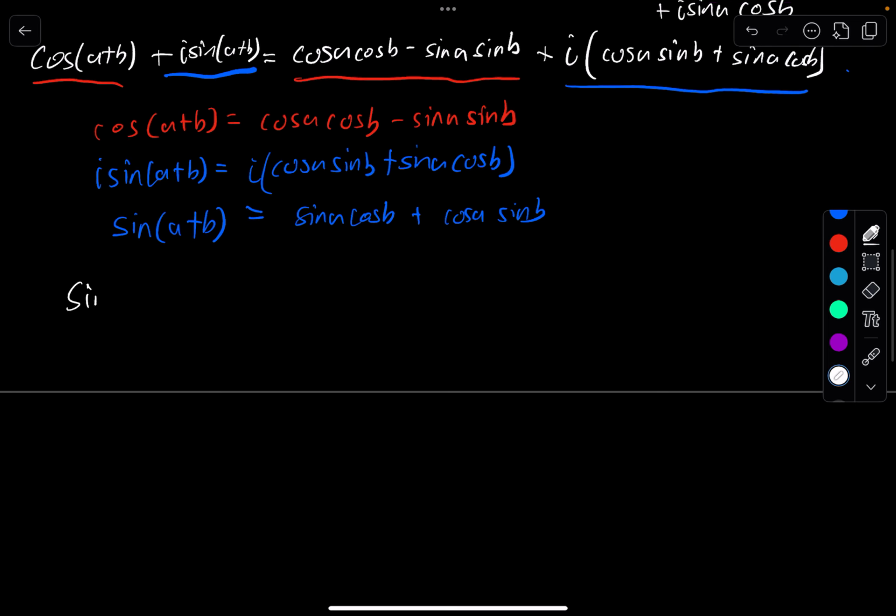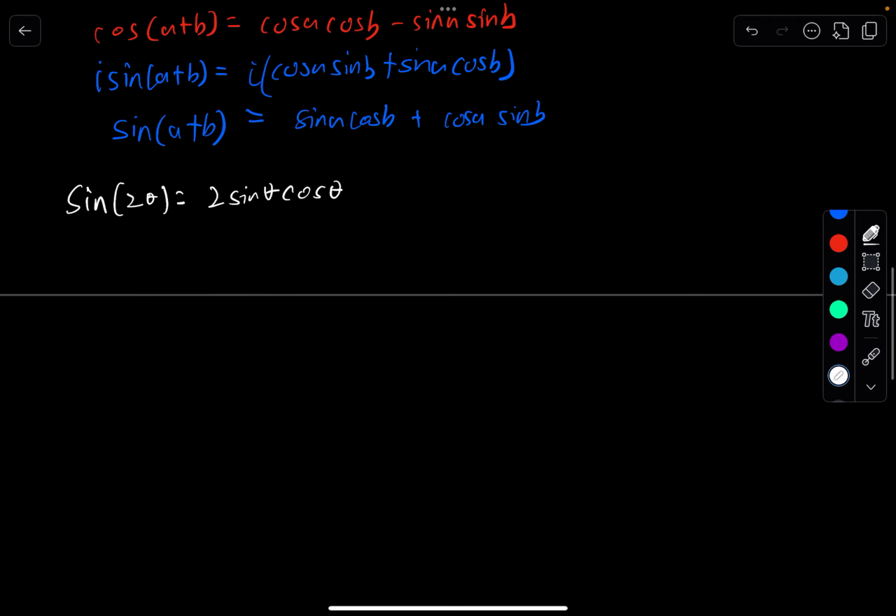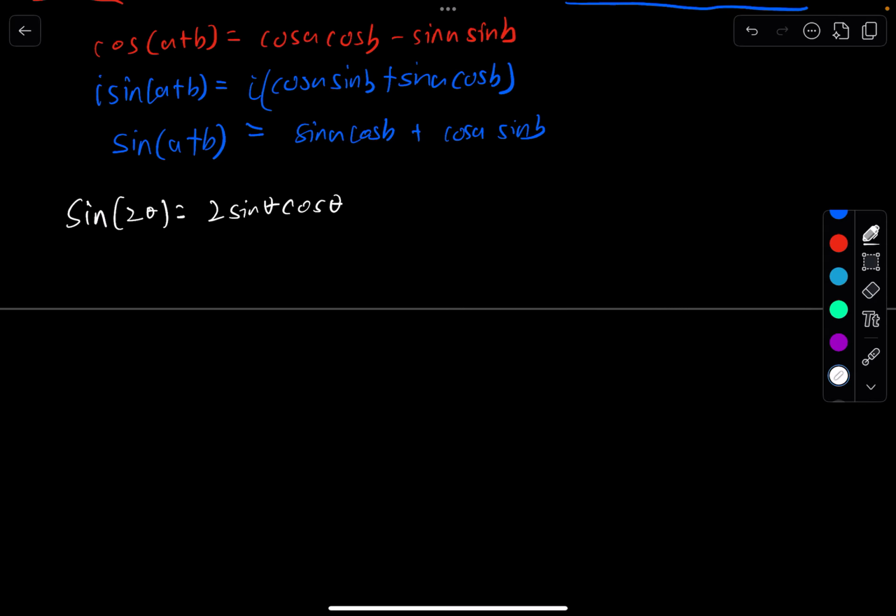And now we can say that the sine of 2 theta is equal to 2 sine theta cosine theta, right? What's interesting about this is that if you did this with the idea that it's really saying the sine of (theta plus theta), and you apply the formula, you get sine theta cosine theta plus sine theta cosine theta, right?